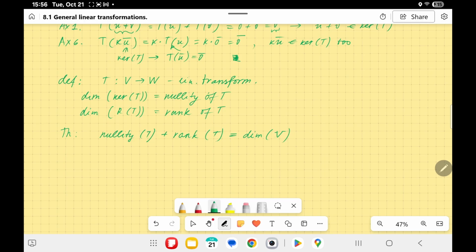For matrix transformations, it's the dimension n, because we are transforming Rn into Rm. Okay, that's all. So basically the formula is kept the same as from matrices. I'm going to finish at this point.